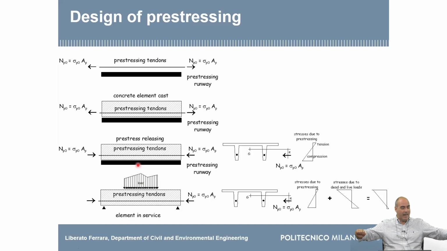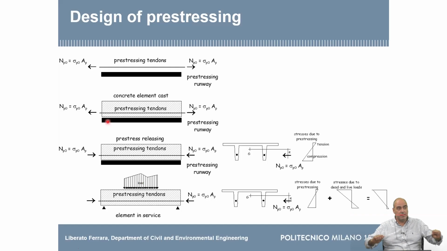So the situation 0 is here. You are applying a force, as you see here. You are applying this force to the tendon. Okay. Then you cast your concrete. Fresh concrete. Okay, you cover it. Start with the heat curing, which is generally done for pre-stressing elements, because you want a fast development of your strength, because generally in 12, 15, 16 hours, you have to release your pre-stressing.